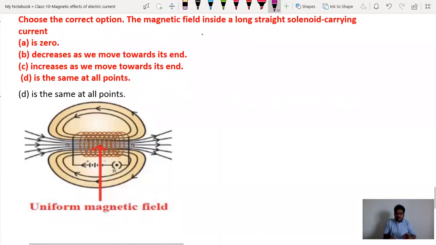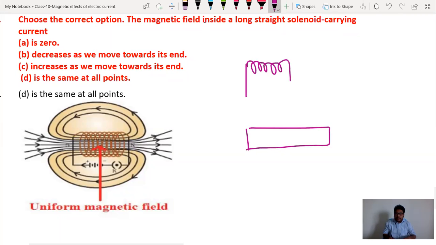The magnetic field inside a long straight solenoid carrying current. Okay, this is a solenoid. In this solenoid, exactly inside, exactly in the middle, how about the magnetic field? So already we have compared that solenoid with the bar magnet.